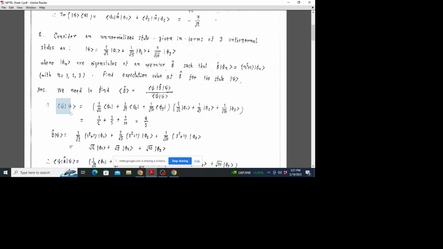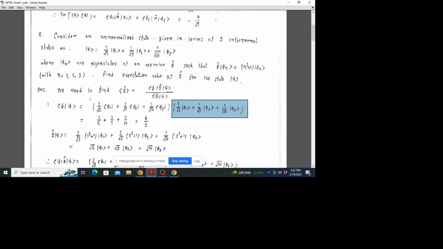Okay, so first find the denominator. The inner product of psi with itself, and as I said in the beginning, this will not be equal to 1, and that is why it is unnormalized. So first write the bra corresponding to this given ket. This is simply equal to this, and the ket is already given as this. Now use the fact that phi 1, phi 2 and phi 3 are mutually orthonormal.